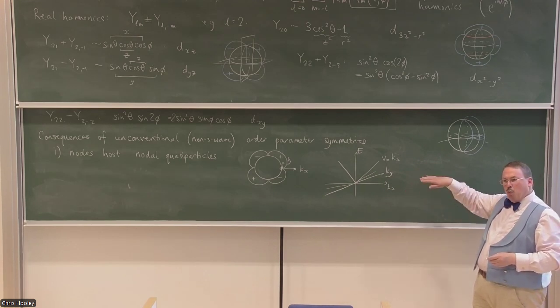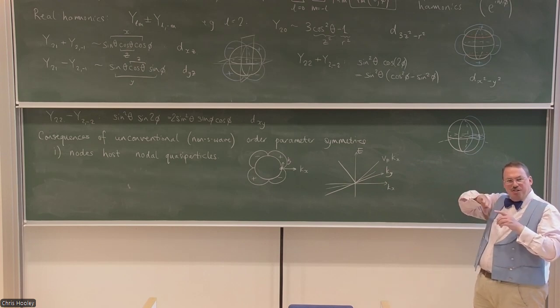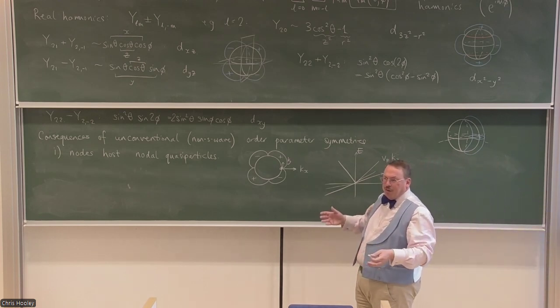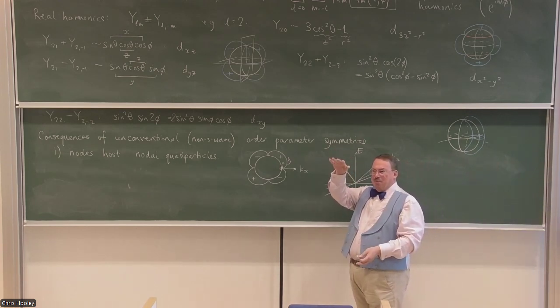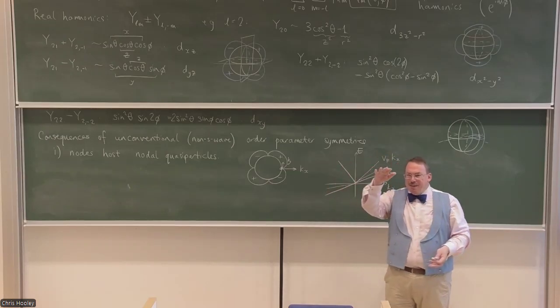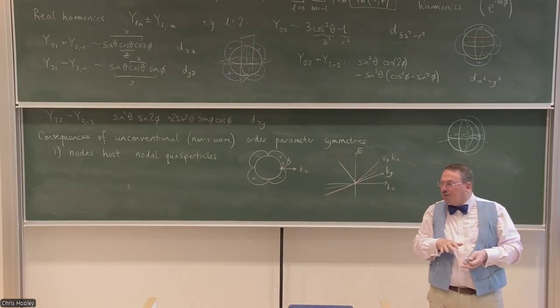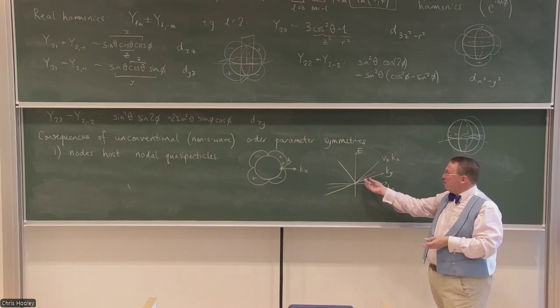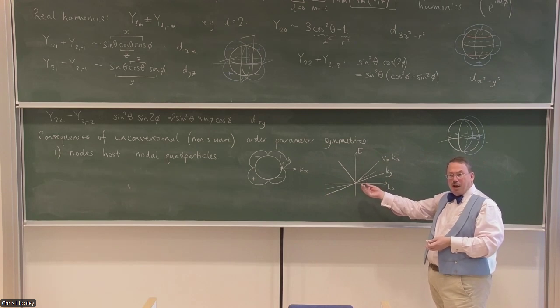Because what's causing the energy to rise there is just that you're following the gap as it grows. And the bandwidth of the metal is electron volts, maybe. The gap is a few milli-electron volts. And so the nodal quasiparticles have this sort of cone-like dispersion, but it's a very anisotropic cone.